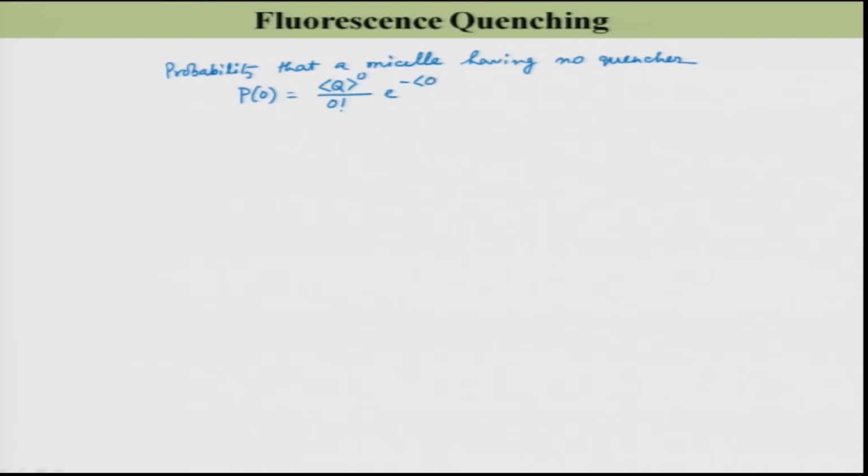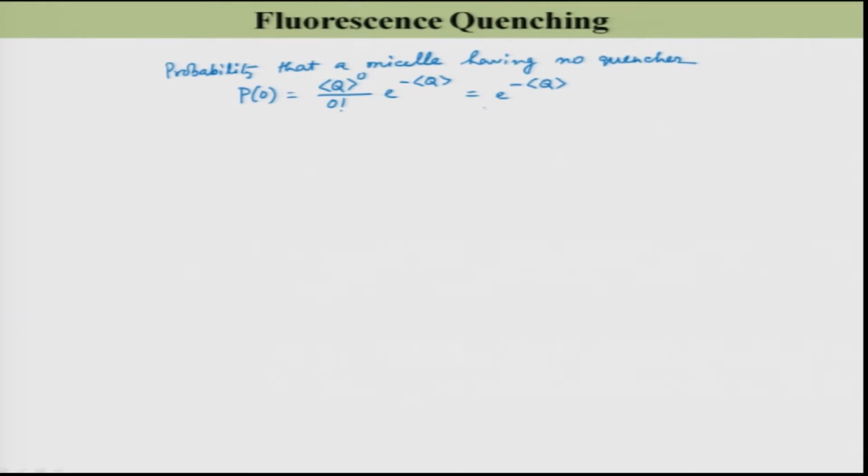So, then I can write the probability that a micelle has no quencher. That is simply P 0, which is average q to the power 0 by factorial 0, e to the power minus average q, which is nothing but e to the power minus average q, right.